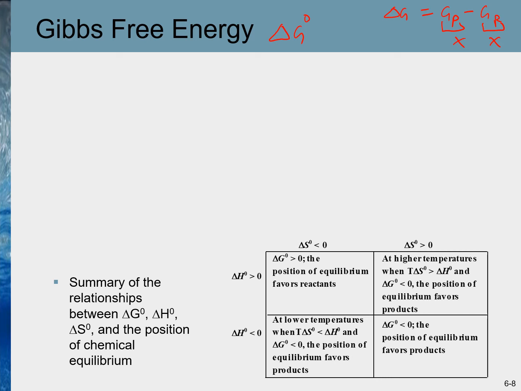That's where the relationship between free energy, enthalpy, and entropy comes in handy. We know that the change in free energy of a reaction is equal to the change in enthalpy of reaction minus T delta S, where delta S is the change in entropy of that particular reaction. This note represents that the reaction was carried out at standard states.